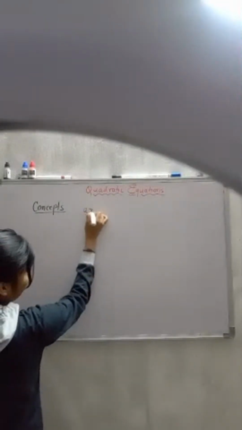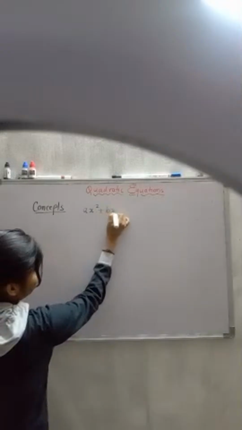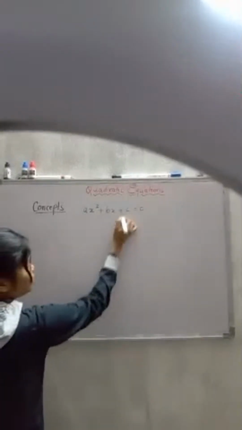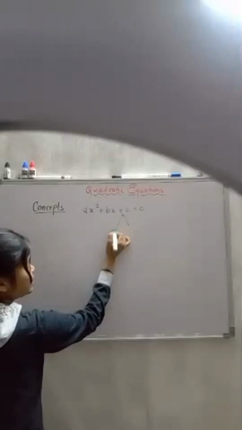Lastly, if we have a quadratic equation of this form, suppose the roots of this equation are alpha and beta. After solving this equation, we will get the roots as alpha and beta.